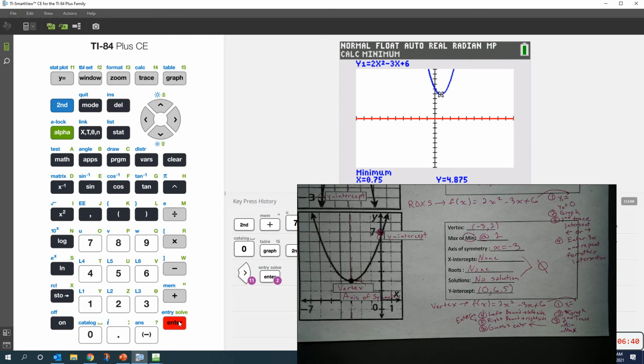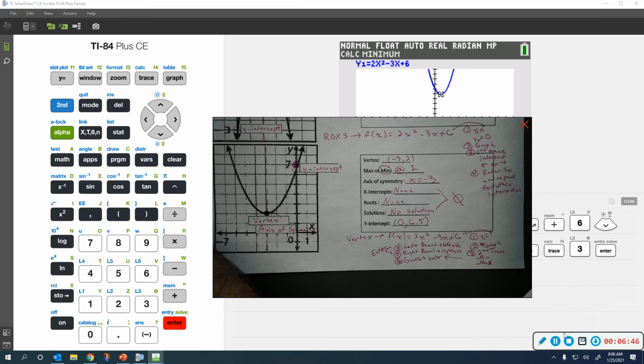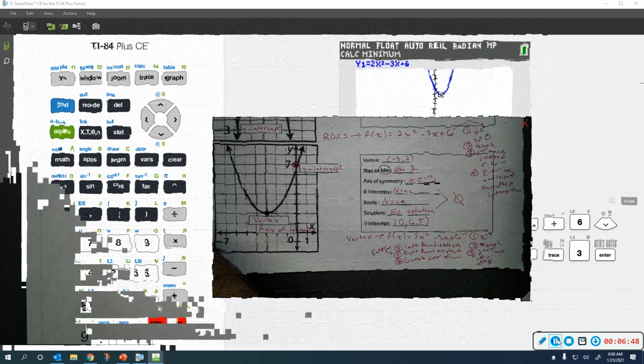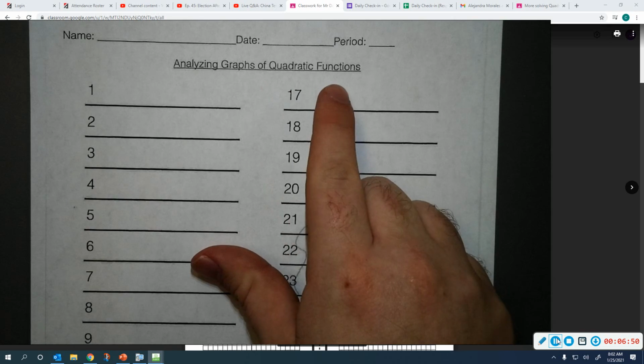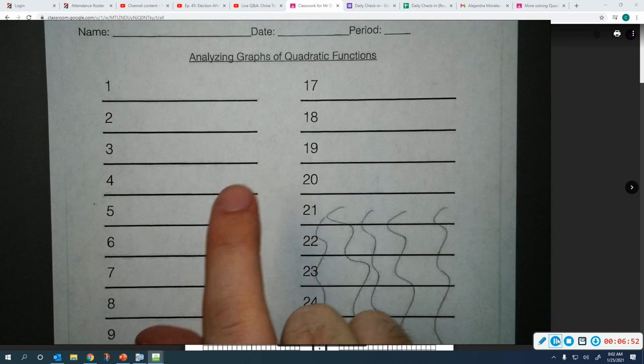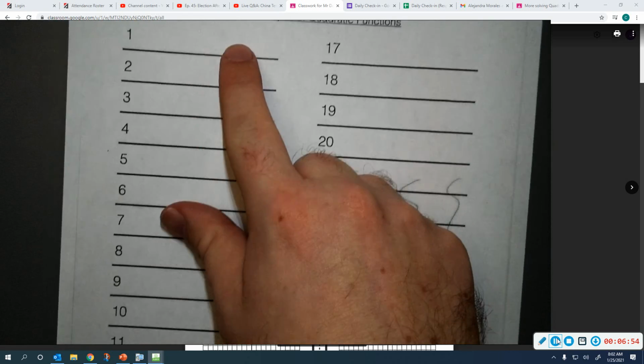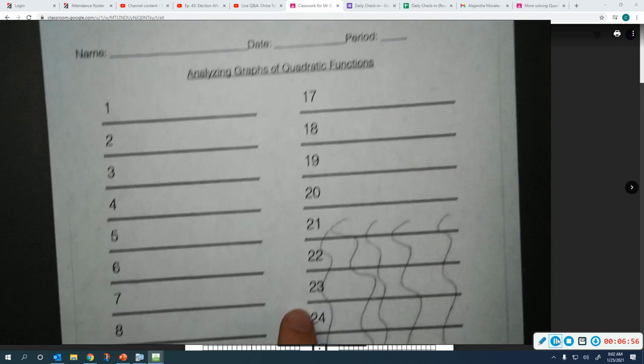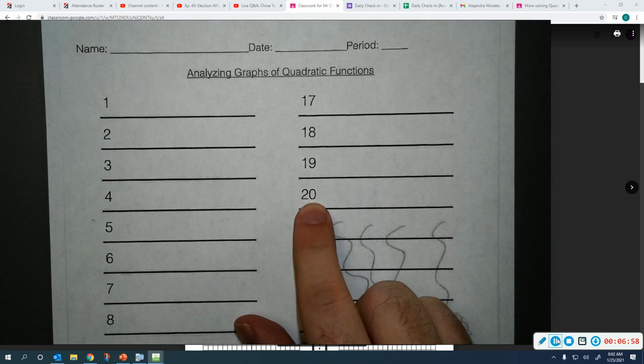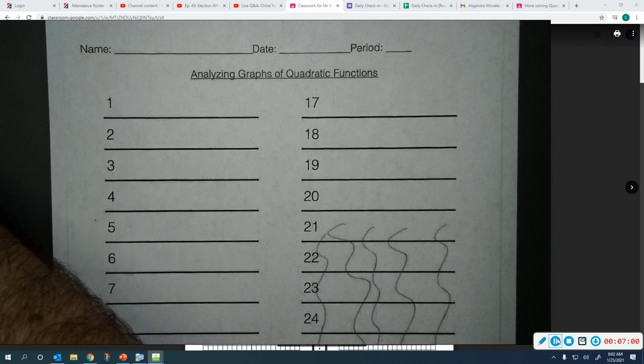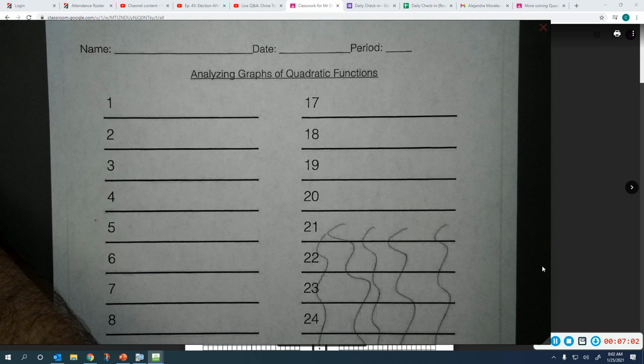I'm going to explain your activity, and then that's what you're going to do for your assignment today. One moment. Okay, so on your activity, this is the answer page. I don't mind if you just want to do this on notebook paper, write it out, but you just need to label 1 through 20. Okay, so your last answer is going to be question 20. Now let me get to the activity.